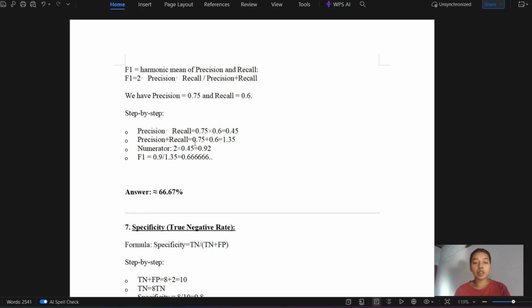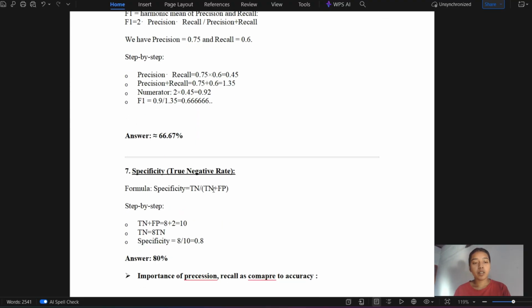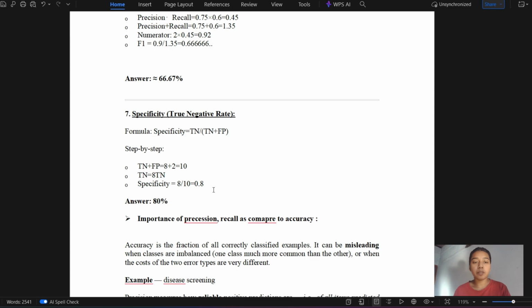Precision plus recall is 0.75 plus 0.6 equals 1.35. Now the numerator is 2 into 0.45, that is 0.9. So the final answer, F1 score is 0.9 divided by 1.35, that is 0.6667, or 66.67%. Seventh is specificity.